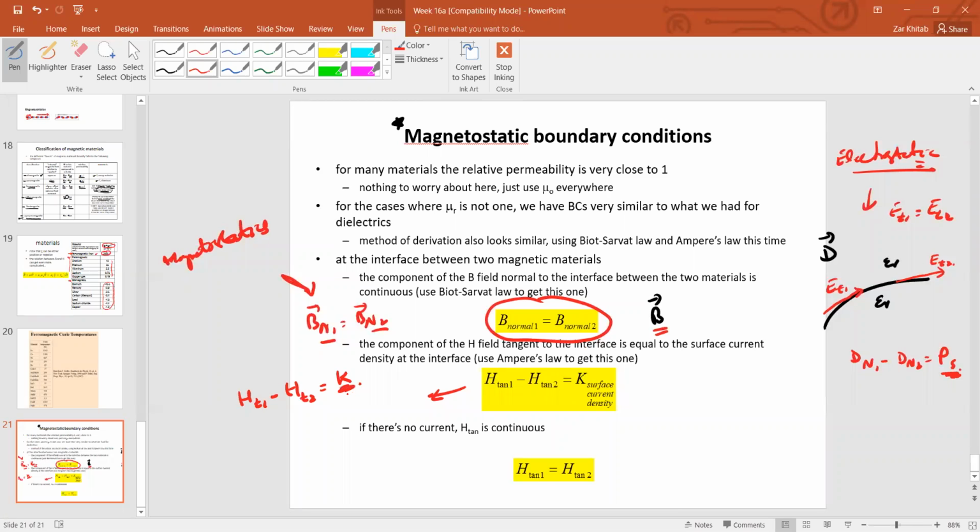Here it is surface current density. And if K is 0, then H tangential 1 equals H tangential 2. So very similar to the boundary conditions of electrostatics that you've gone through. I hope this is easy.